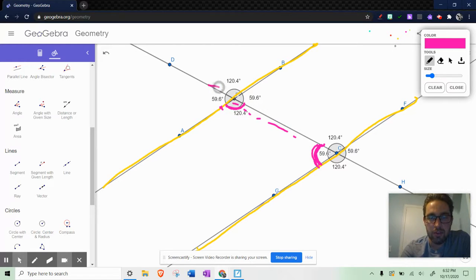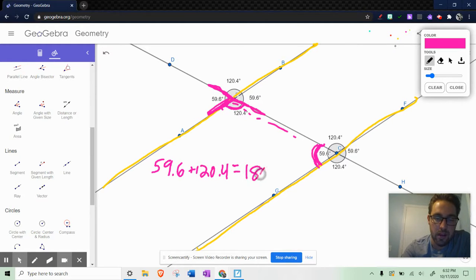So what's the relationship between this 59.6 and this 120.4? 59.6 plus 120.4, well, that equals 180 degrees. So these same side interior angles, those add up to 180 degrees.